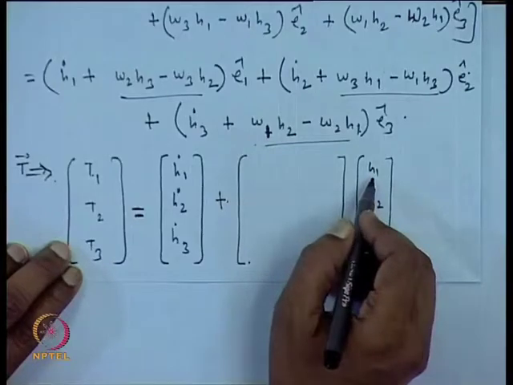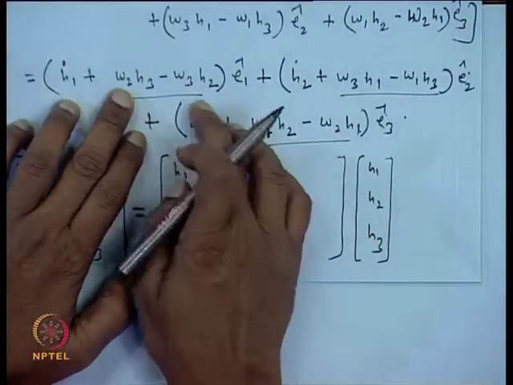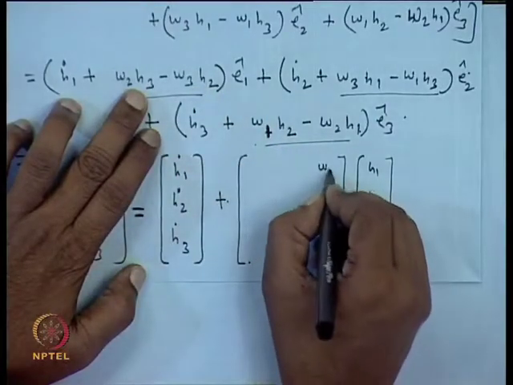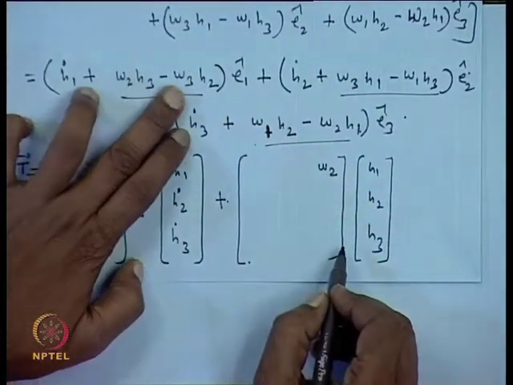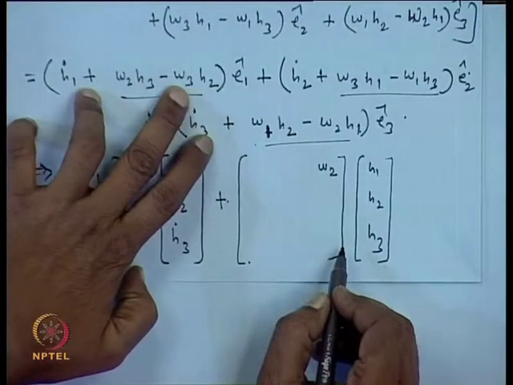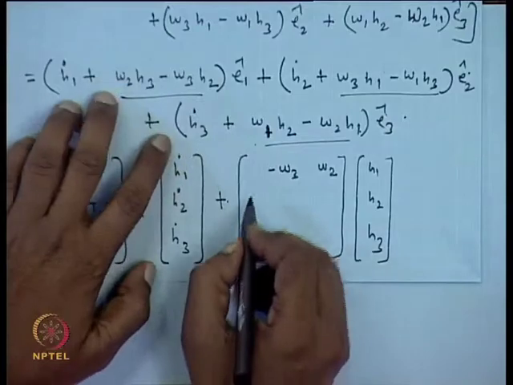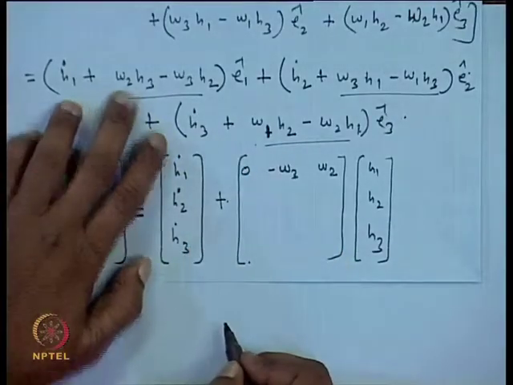So, H 1 here, if you take the first term, you can see the omega 2 is related to H 3 with a positive sign, while H 2 is related with omega 3 and this has a negative sign, and omega 1 is not present in this. So, we can write here 0.